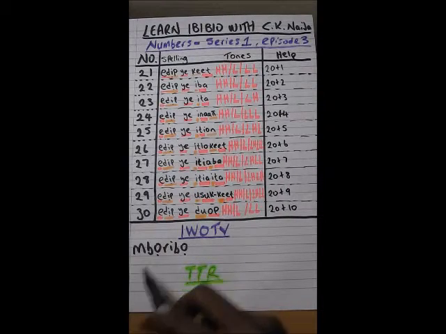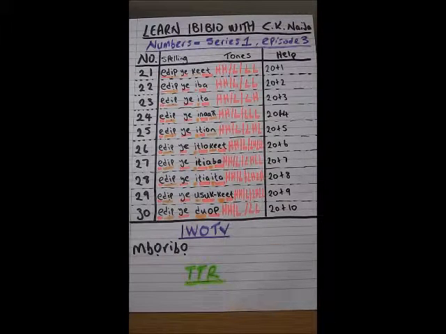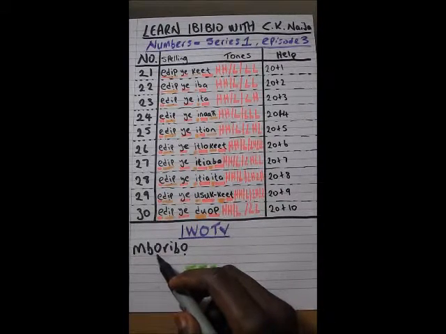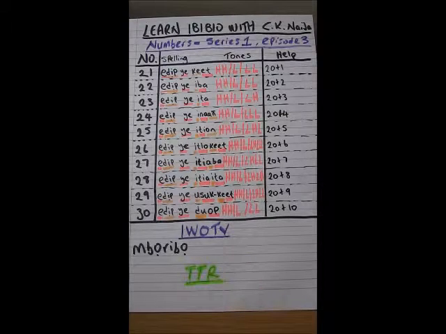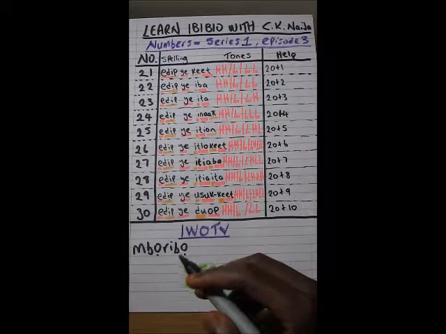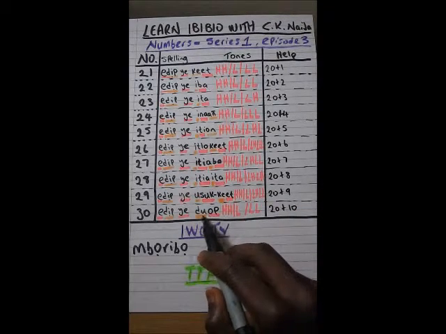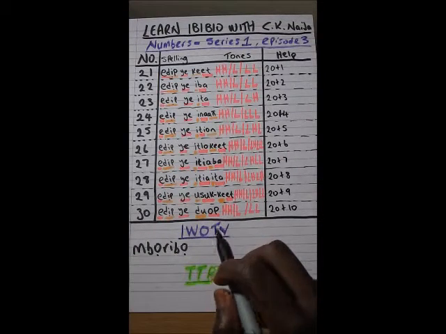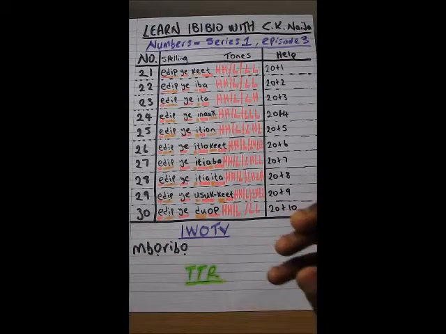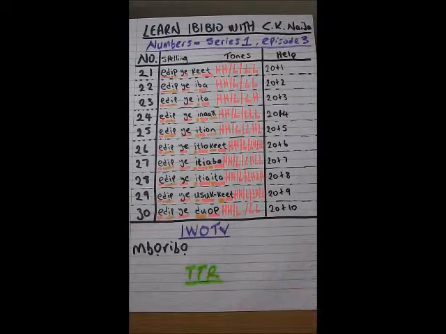If the O has a dot underneath it, you make one O sound. If the O doesn't have a dot underneath it, you make another O sound. So in the word for 10, we have do. There is no dot underneath the O, so you make it an O sound, and the dot underneath gives the other O sound.